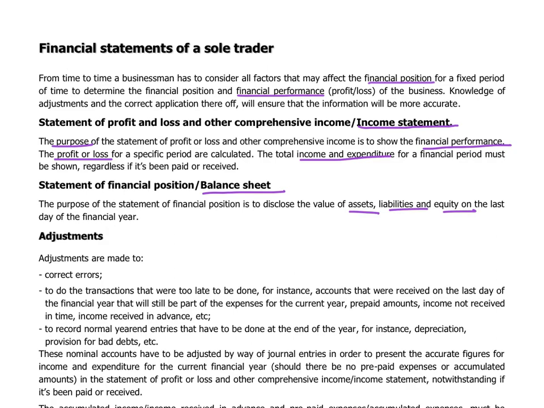So one of the adjustments that's made at the end of the year is to correct mistakes. So if you see that your trial balance doesn't balance, you have to go and look for the mistake so that you can correct it.